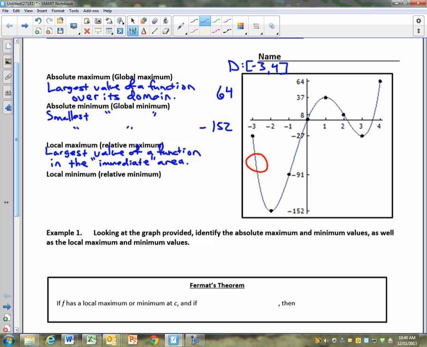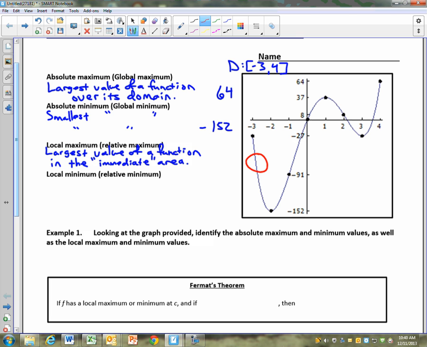Does it go up or down? It goes down. And if I move to the left, the graph goes up. So it's really neither a maximum or a minimum, because as you pick this spot here, as you move to the left, it goes up. If you move to the right, it goes down. So it's not the biggest value around it, and it's not the smallest value around it.